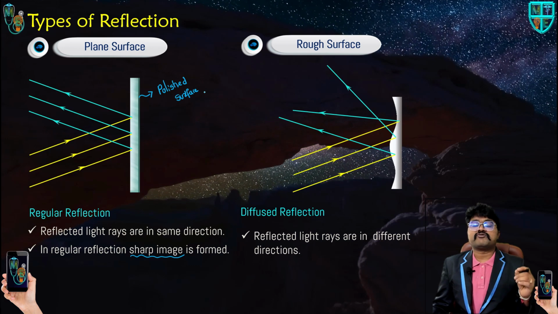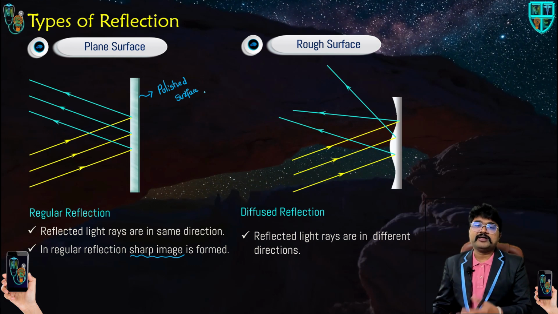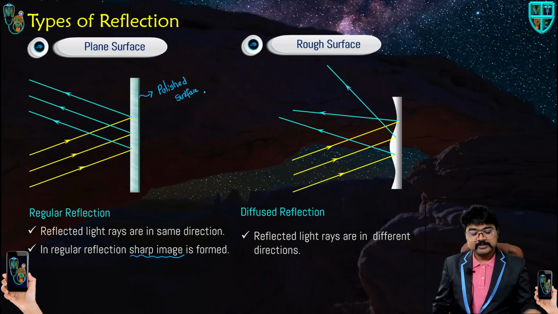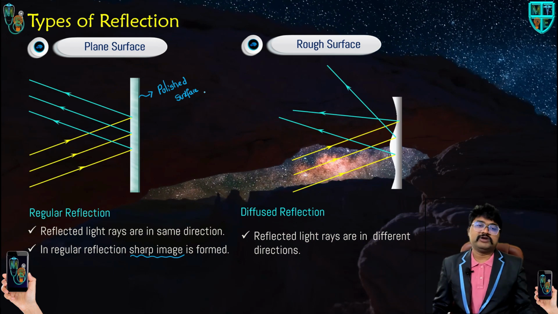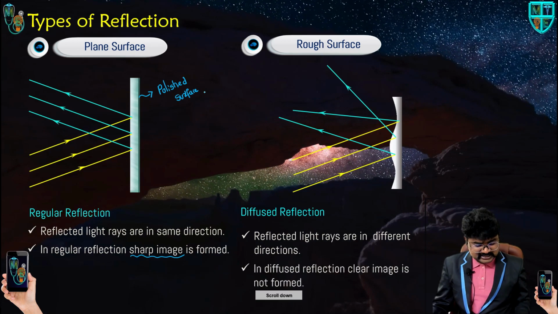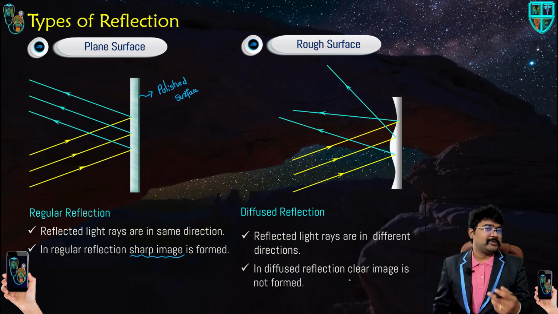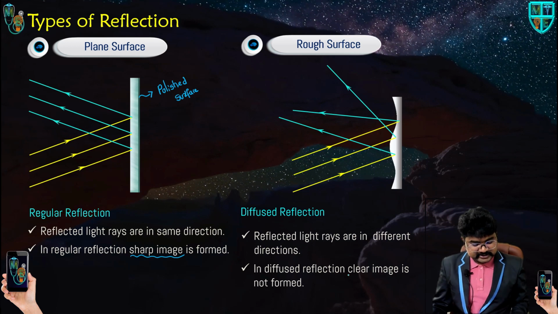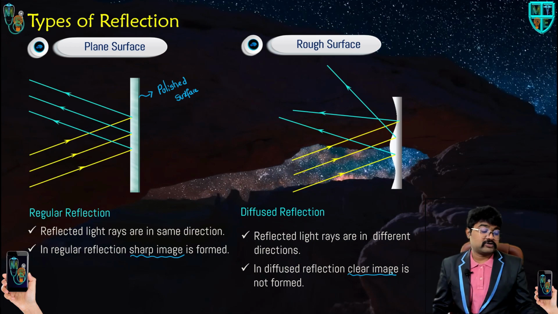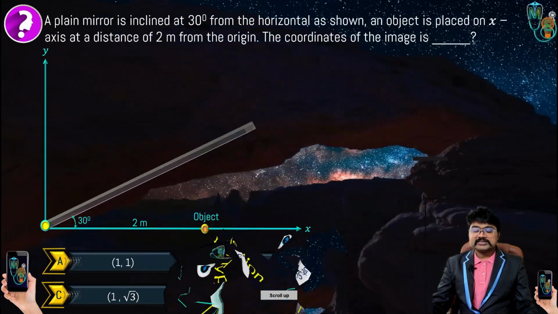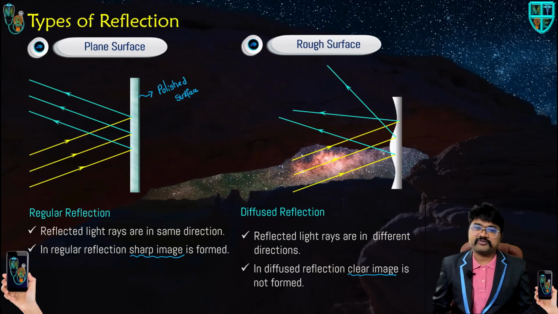Regular reflection, straight away you can apply the law of reflection. If it is a rough surface, diffused reflection will take place. A clear image won't be formed. Understood? In diffused reflection, a clear image is not formed. This is all about the classification of reflection.